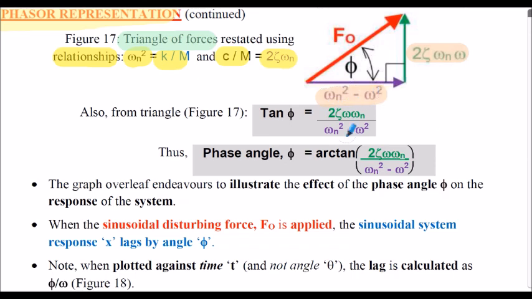So to find the tangent of phi, it's the opposite side of our triangle divided by the adjacent side of our triangle above. Of course, to find the actual phase angle phi, we'll use the inverse tan or the arctan of the opposite side divided by the adjacent side. And again, for reference, just notice that arctan is actually tan to the -1.